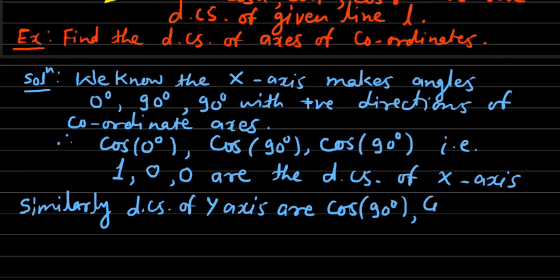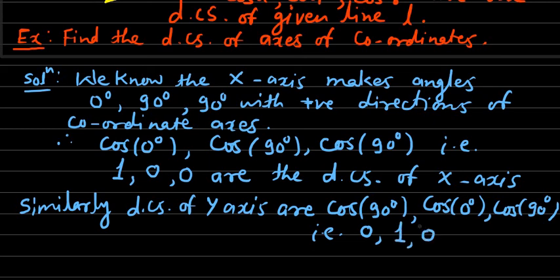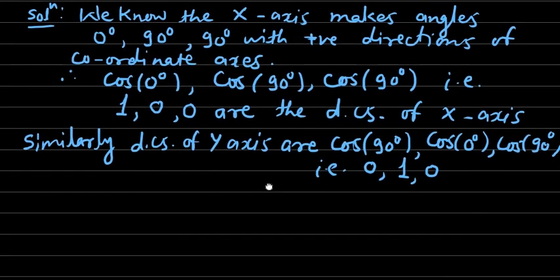As the y-axis is parallel to itself, cos of 0 degrees is in the middle, and it is perpendicular to the x and z axes, therefore cos of 90 degrees for the first and third positions. So that is 0, 1 and 0. These are the direction cosines of the y-axis.